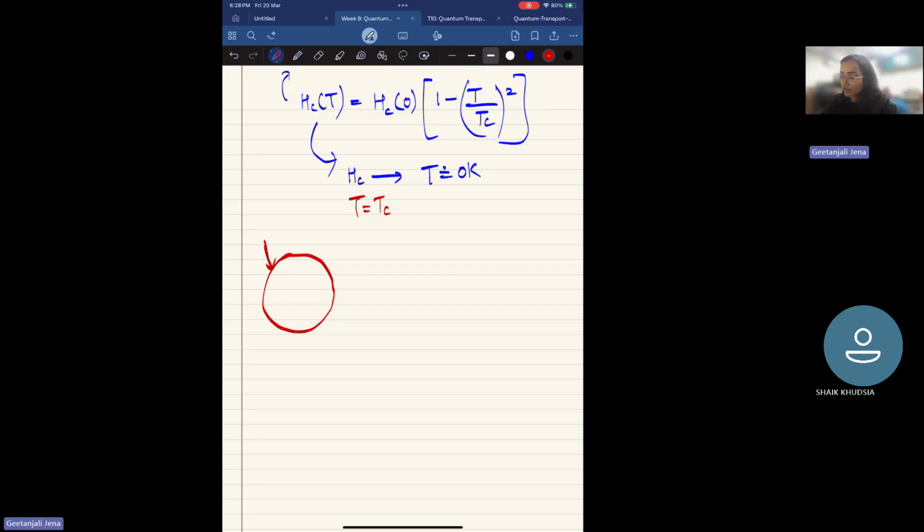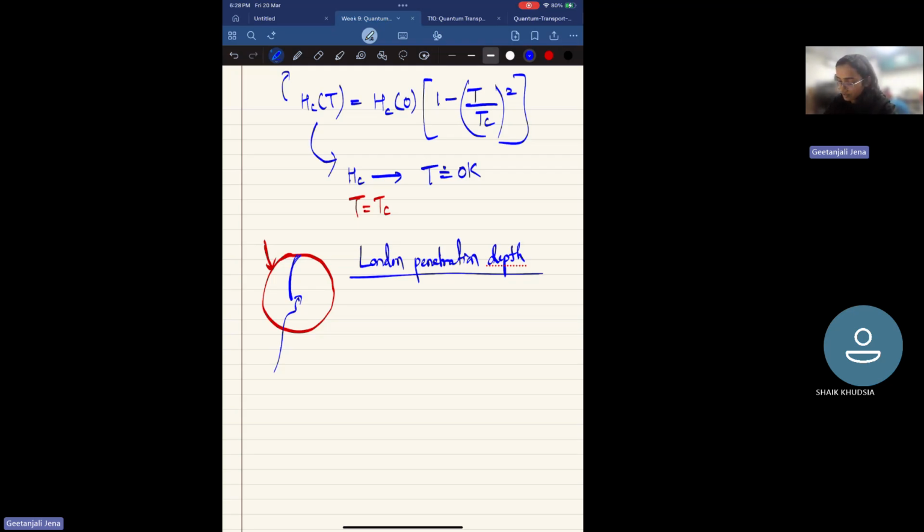So, as I said before, it's not like the magnetic field is completely zero at the surface. It drops exponentially from the surface to the bulk. This is what we call the London penetration depth. So, the field is completely zero inside, no doubt. But at the surface, there is still some amount of magnetic field because of this boundary condition of Maxwell's.